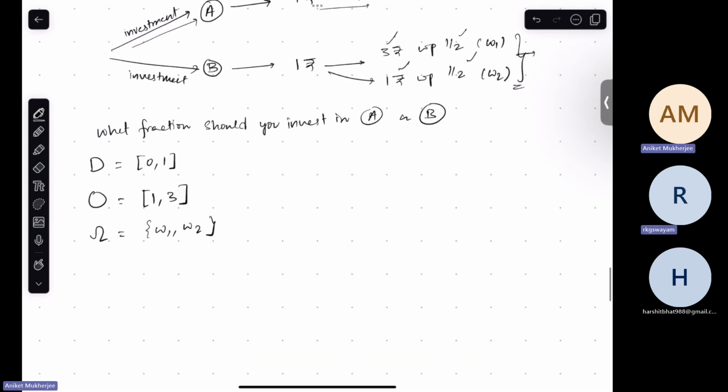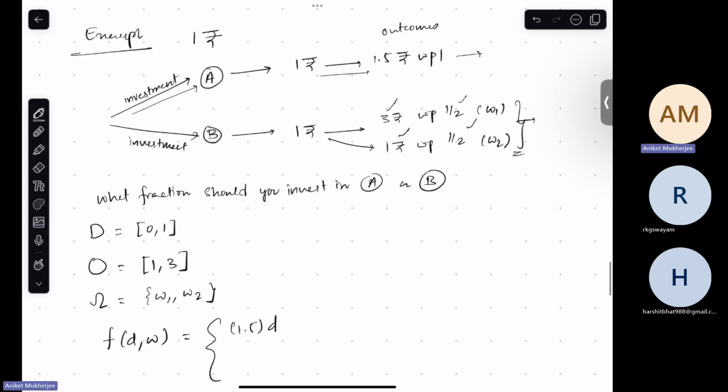So now your f(d) is basically 1.5d. Let d belong to capital D, between 0 and 1. So 1.5d plus 3 into 1 minus d with probability half.